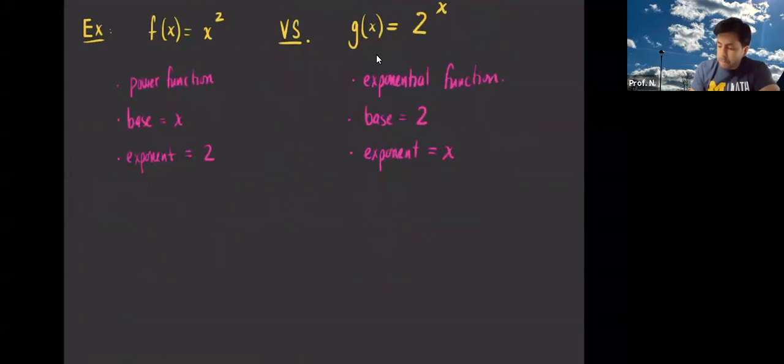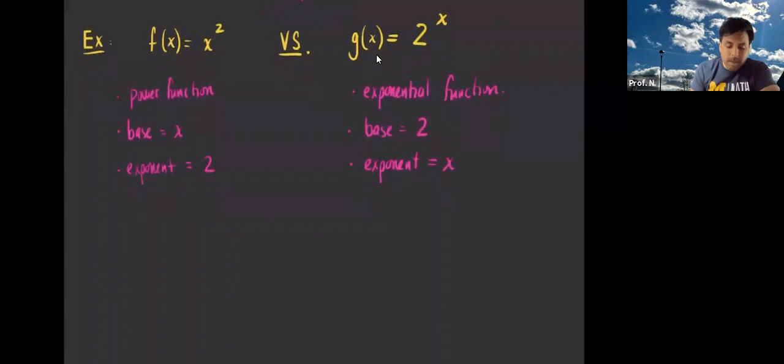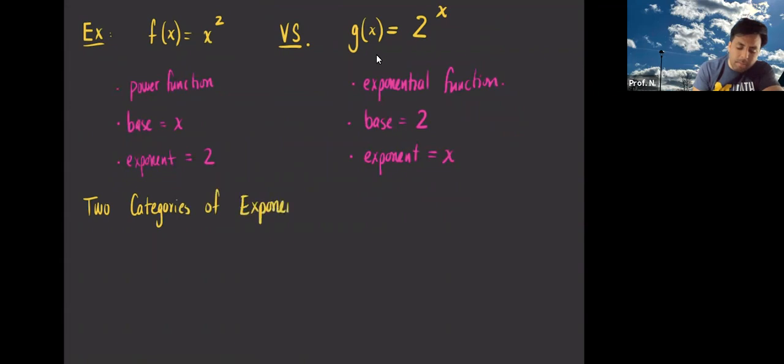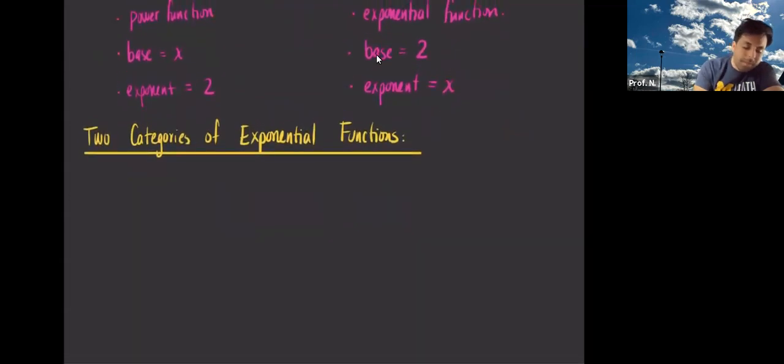Okay. Now, what kind of categories do exponential functions fall into? There are two categories of exponential functions. One of them is growth, so I should say exponential growth.